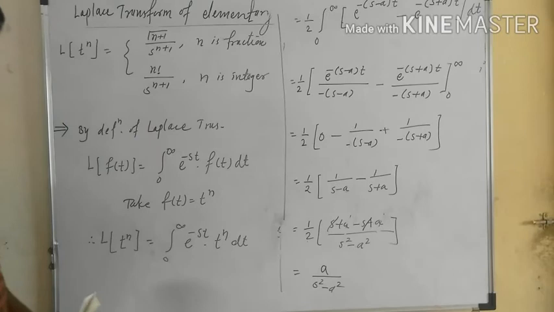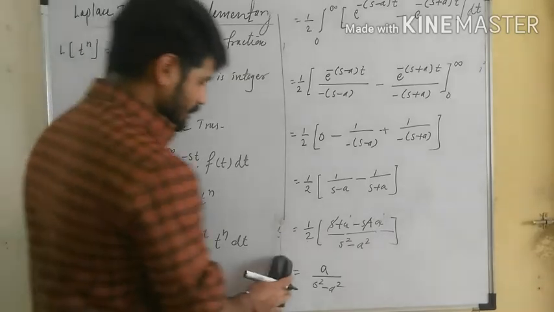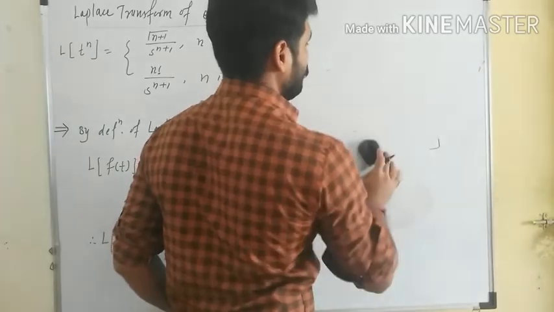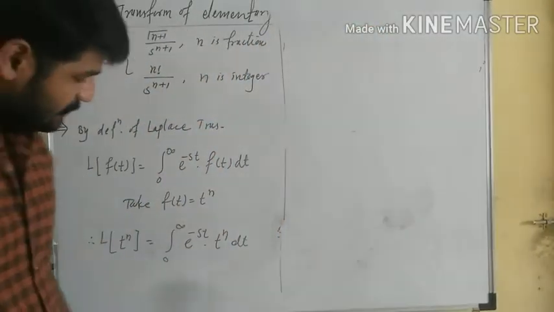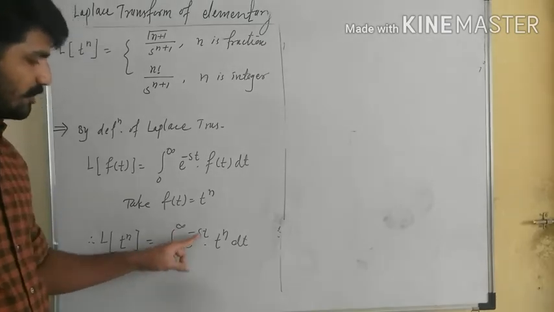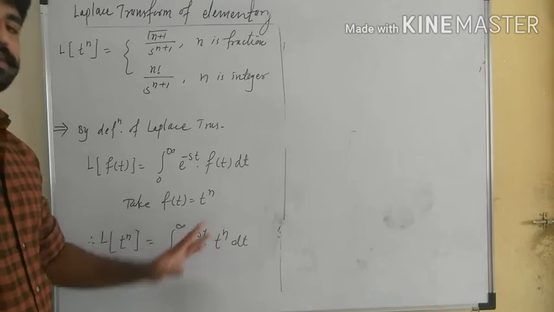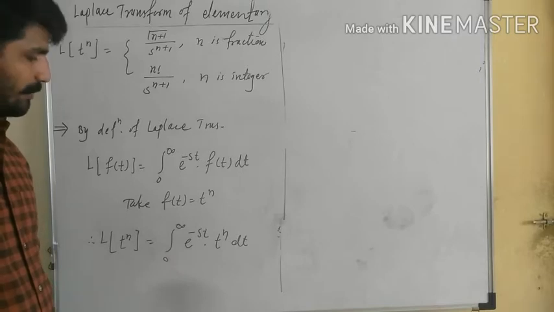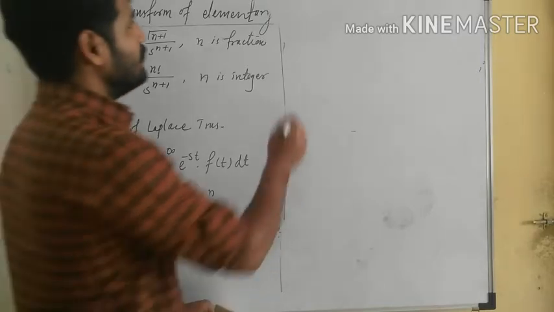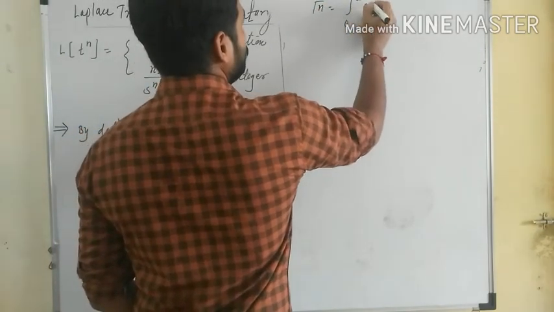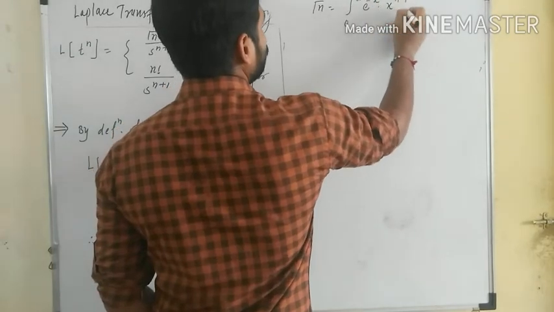Okay. Now see here, we have to evaluate this integral. What we have to do to solve this integral? Now observe this integrand. So limits from 0 to infinity, exponential function is there and t raised to n power function is there. So if we remember the definition of gamma function, that is gamma n is equal to integral from 0 to infinity e raised to minus x into x raised to n minus 1 dx.